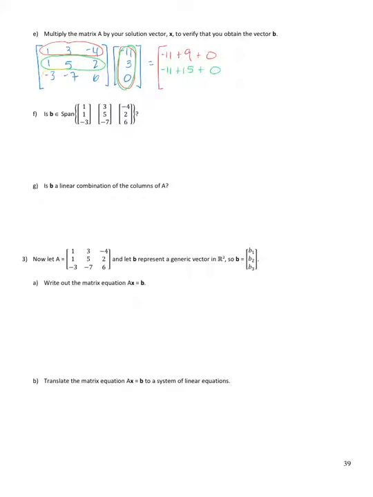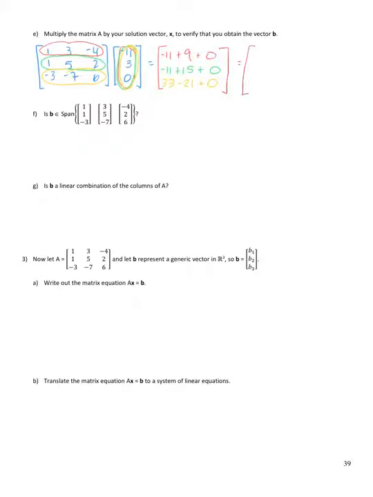And then my last row times my column vector, negative 3 times negative 11 is 33. Negative 7 times 3 is negative 21, plus 6 times 0.